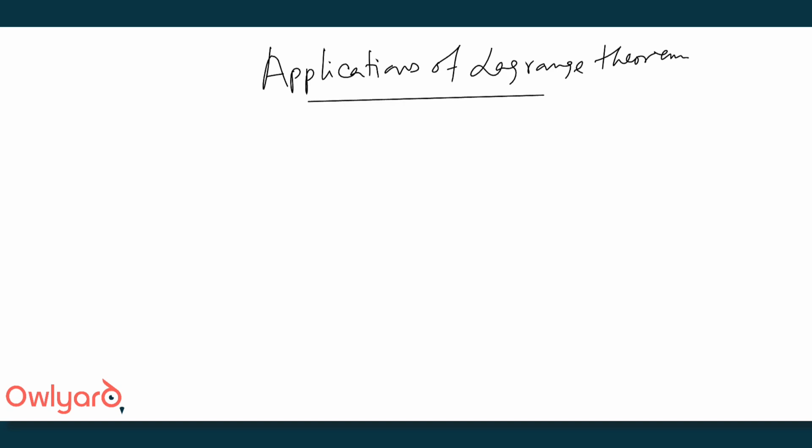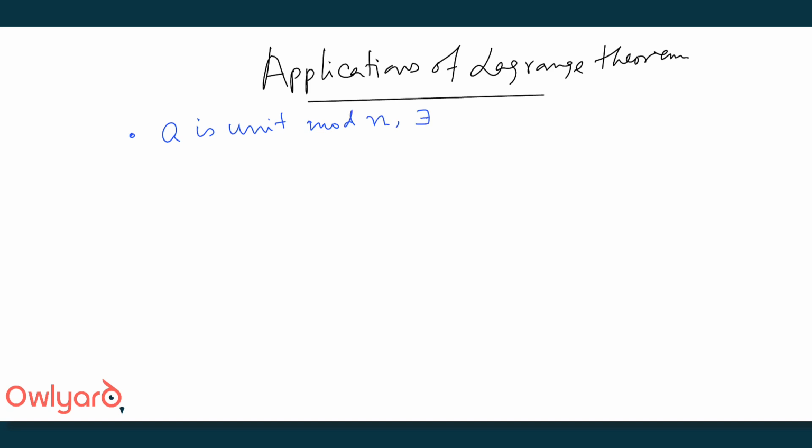Okay, let's now discuss the application of Lagrange theorem. So the first one, let's draw from your undergraduate knowledge in number theory or group theory maybe. Just to remind you that any number a is called a unit mod n if a has a multiplicative inverse mod n.